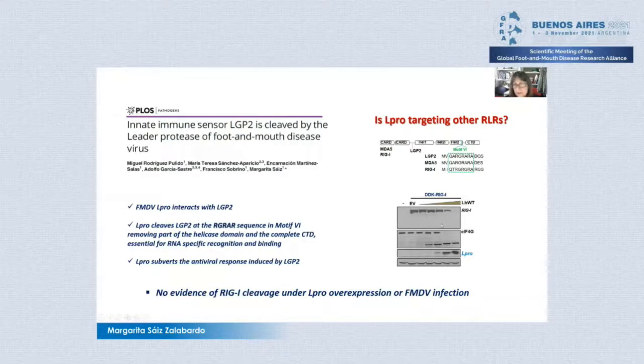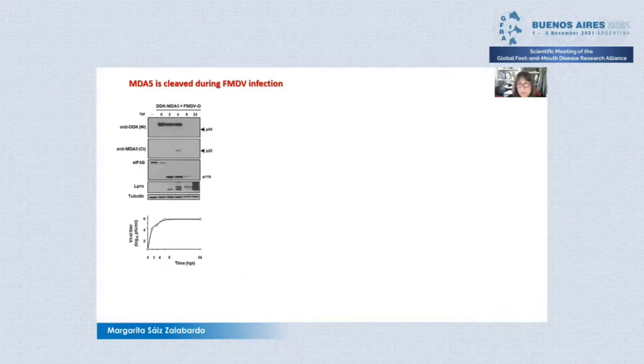So when we checked what happened in co-transfection of RIG-I with increasing amounts of catalytically active Lb, we didn't see any sign of cleavage other than the expected reduction in the protein levels due to the effect of Lb on translation. And we found the same results in the context of infection.